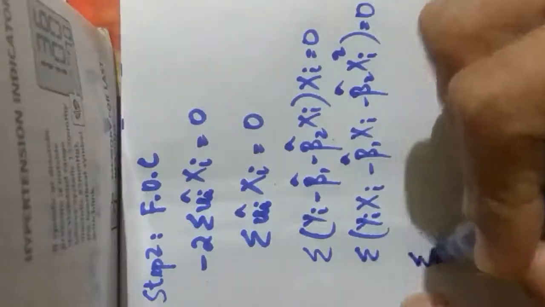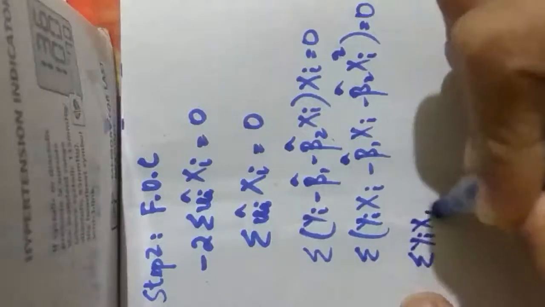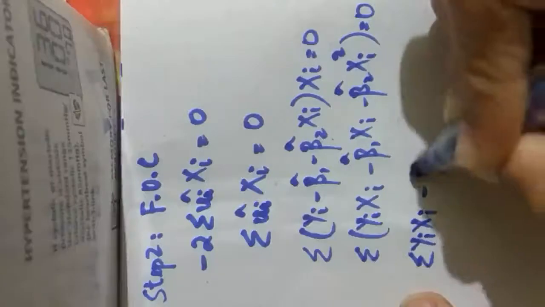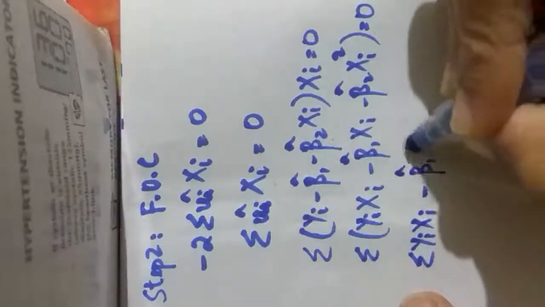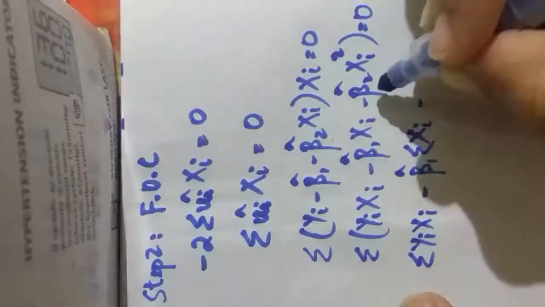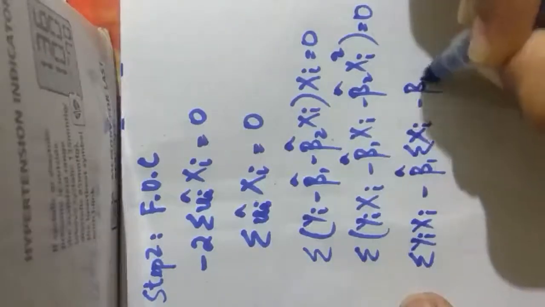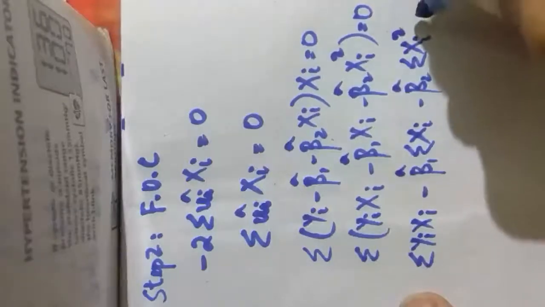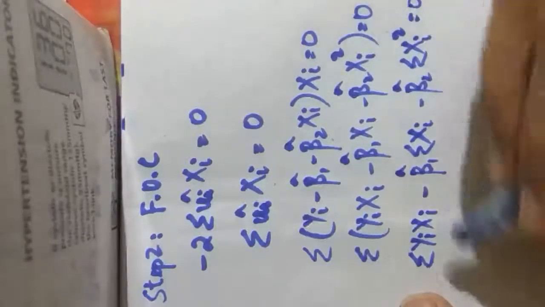I will get summation yi xi minus, since beta 1 hat is a constant, I can write it as beta 1 hat summation xi minus, again beta 2 hat is a constant, so beta 2 hat summation xi square is equal to 0.